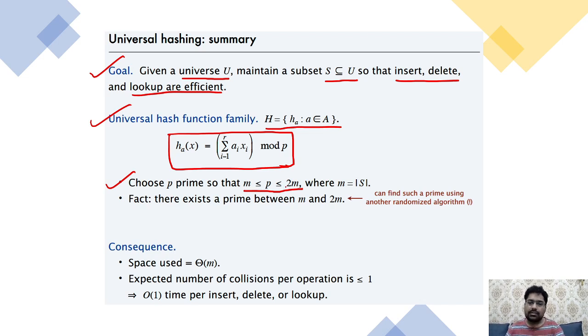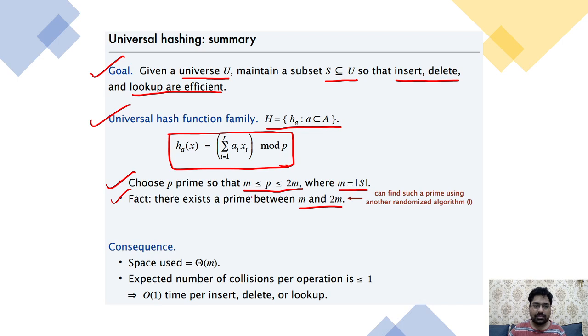Here it says it should also be less than 2m, where m is the size of the subset. Next fact, there exists a prime in between m and 2m. You can find such a prime using another randomized algorithm.